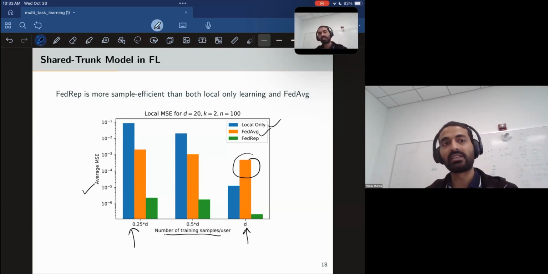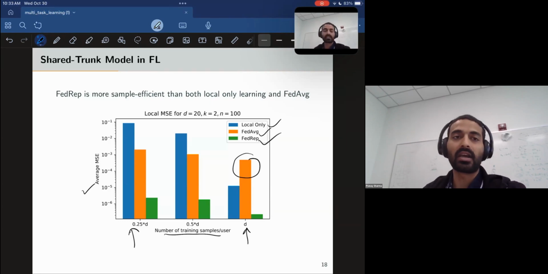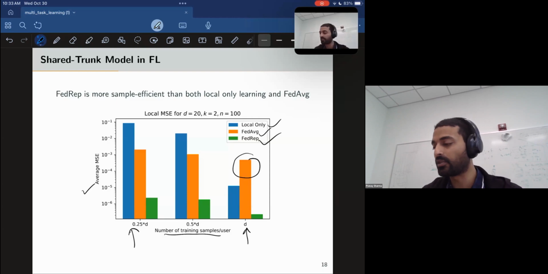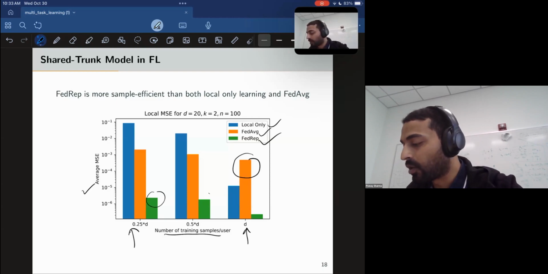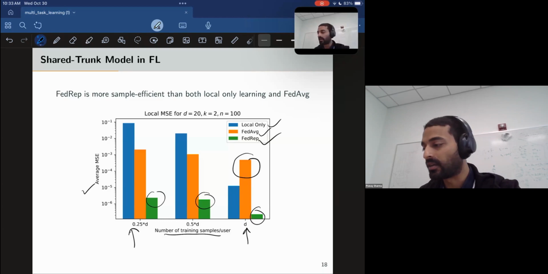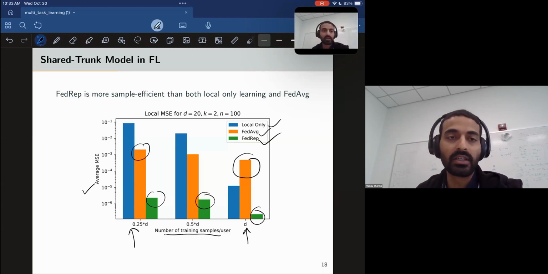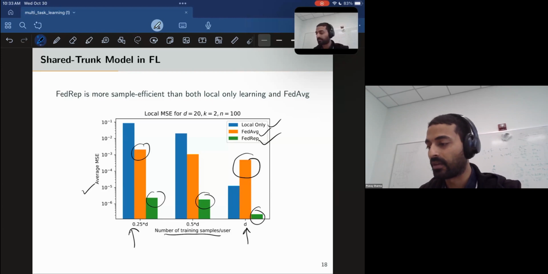So a lot of details are just ignored or they cannot be captured. On the other hand, if you share some parameters and keep some parameters specific to the clients, then you can do well across all the regimes, right? And it ends up outperforming Fed average even if you have fewer data samples at every client, right?